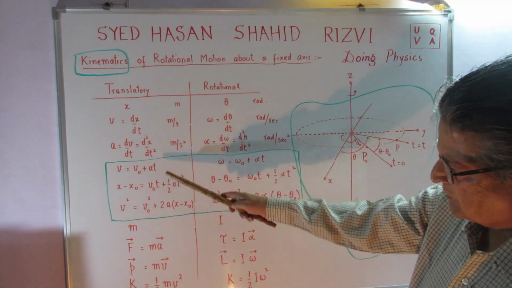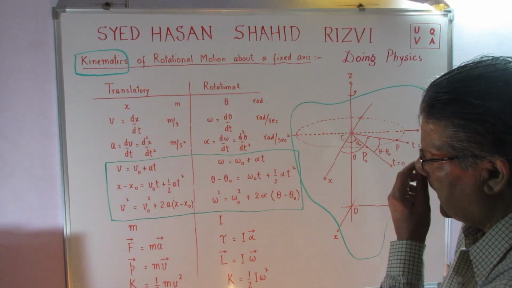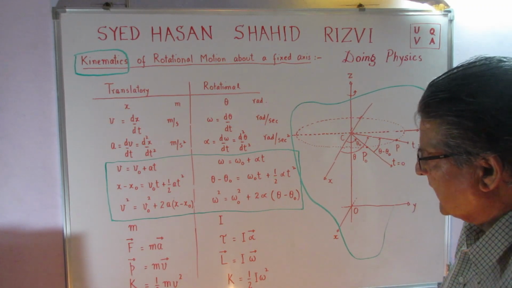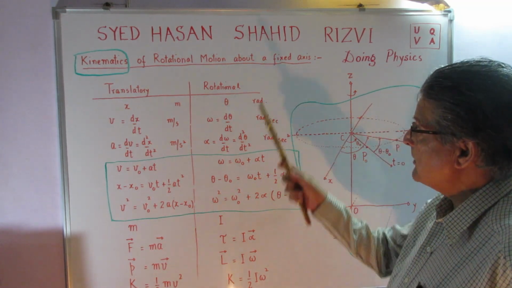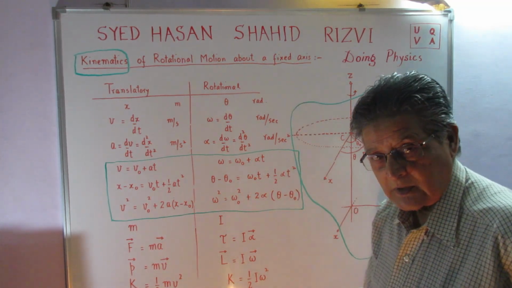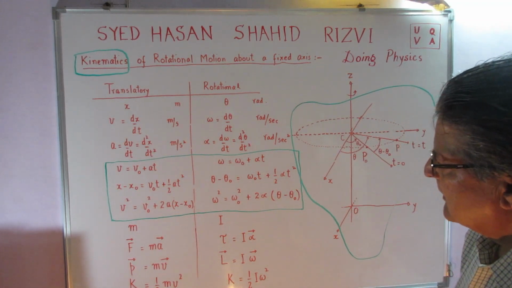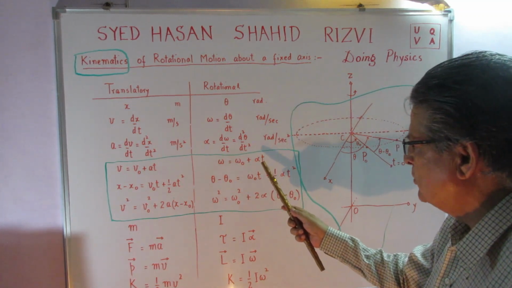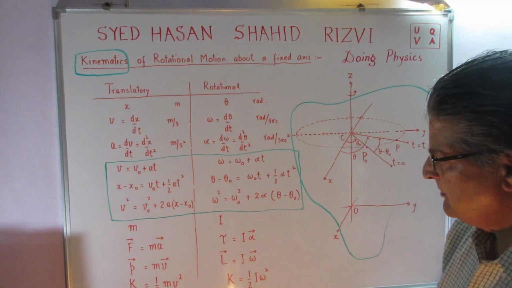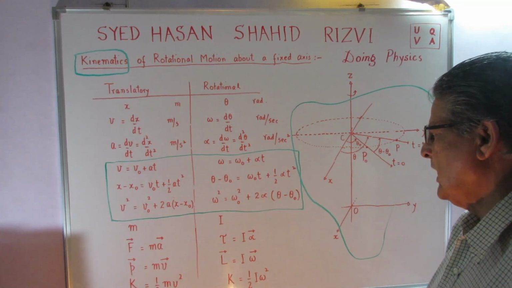We have proved these equations from first principles, and for the corresponding equations for the case of rotational motion about a fixed axis, we find that when subjected to a constant angular acceleration, the angular velocity is omega equals omega naught plus alpha t.